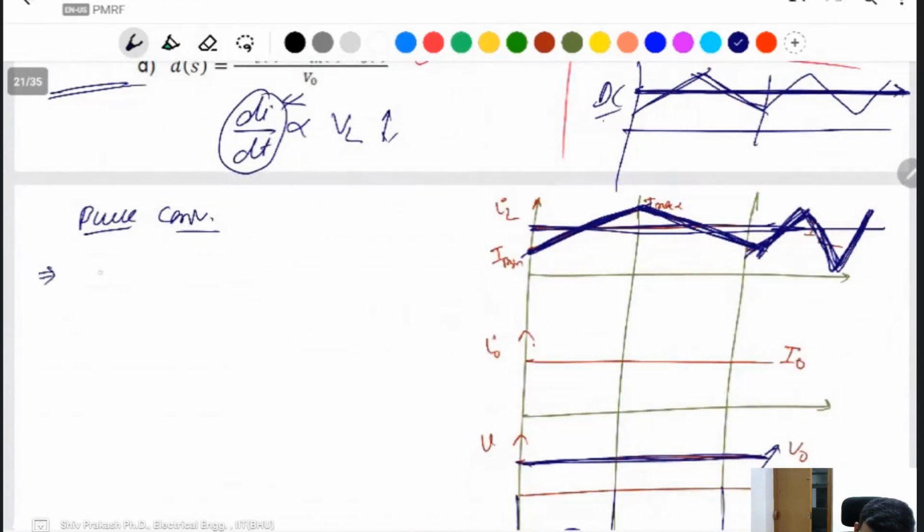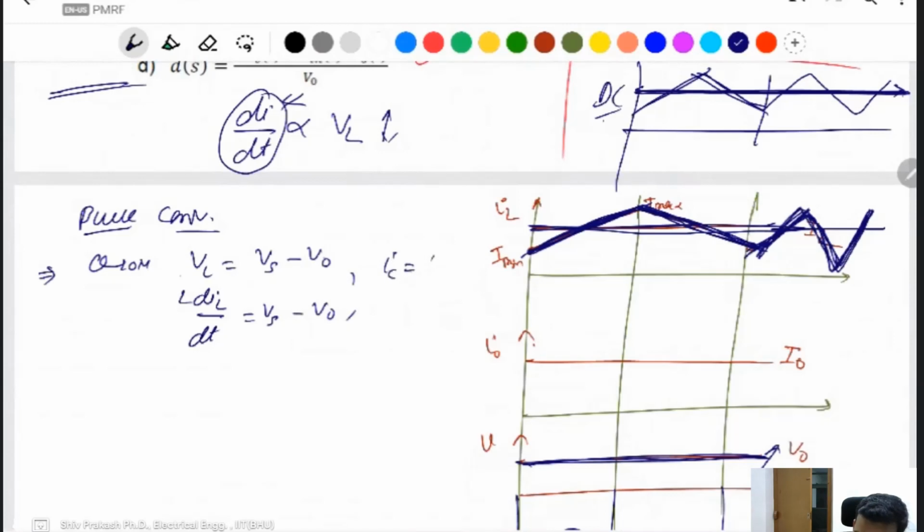Once the switch is on, the inductor voltage is Vs minus V naught, written as L diL by dt equals Vs minus V naught, and the capacitor current is IC equals IL minus I naught, where IC is C dVc by dt.